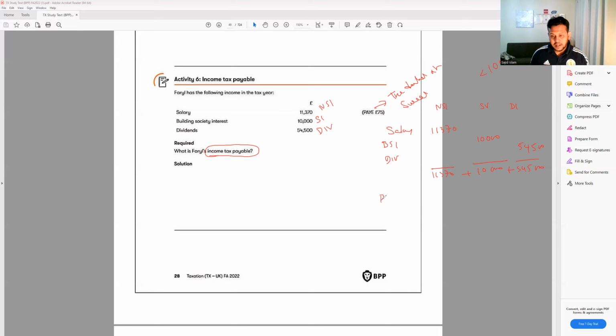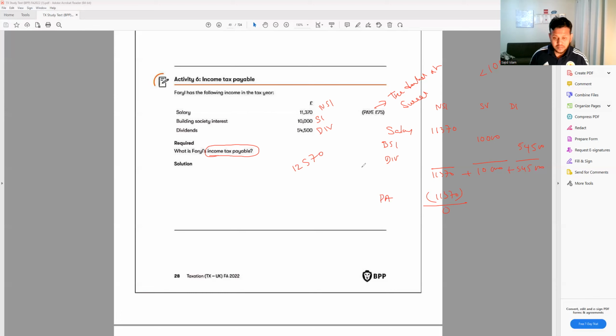The first personal allowance, I want to take it out from my non-savings. So I have a non-savings income total of 11,370. So I'll make it 0. I'm not going to pay any tax on my non-savings income because it's all covered by my personal allowance. But I still have some personal allowance left. We already know our personal allowance is 12,570.